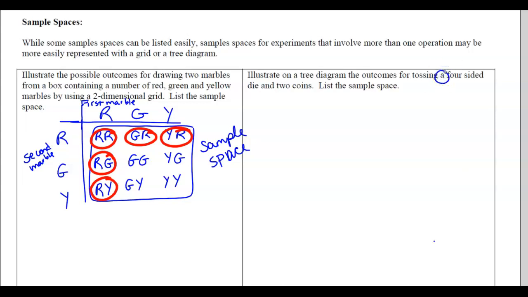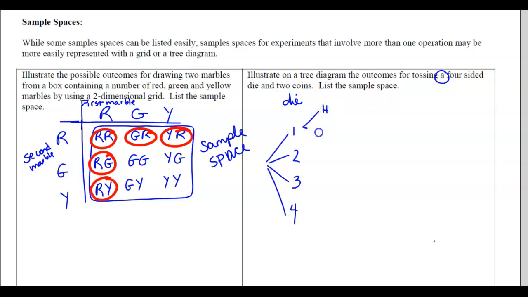One four-sided die. So your choices are a 1, a 2, a 3, or a 4. So that's for your die. I think die is singular for dice. Okay, and then 2 coins. So the first one would be heads or tails. Actually, I would do it a little bit shorter because we have 2 of them.